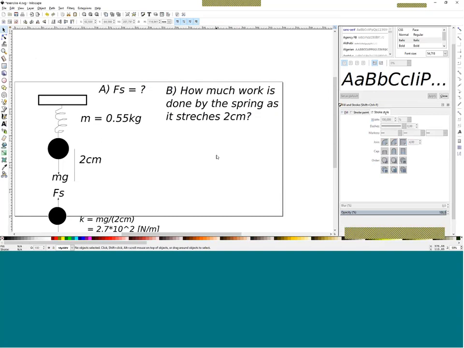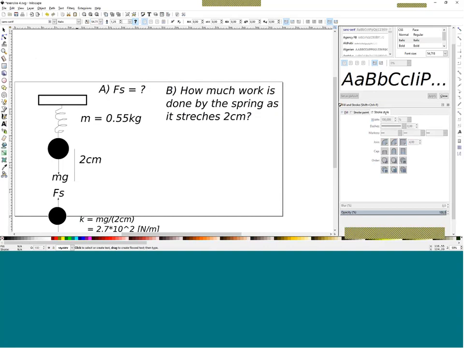Well, we can either redraw a graphical representation of this and determine, or we can accept this as a constant as long as it's linear. I don't always need a triangle to determine what the work done is.